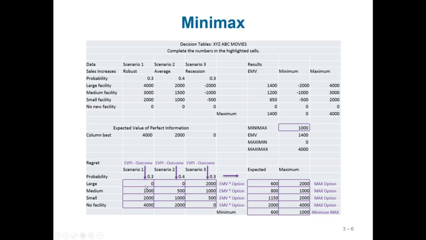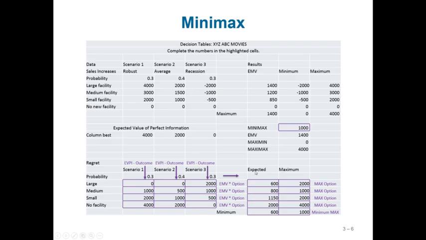So the first one is perfect information. If I had that, then 4,000 minus that 4,000 gives me a 0. So you get those numbers like this for each column. How much would I regret if I had perfect information? You wouldn't regret anything for these two or that one down there.